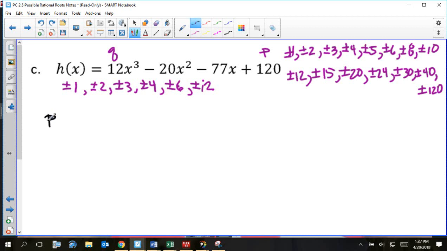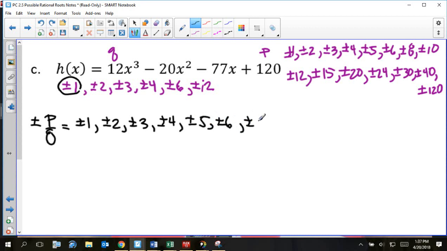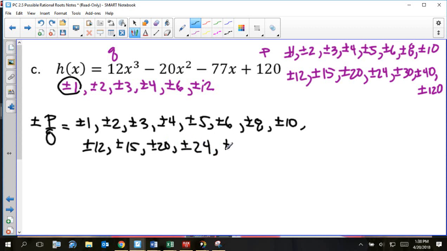We're going to do our plus minus P over Q. I'm just going to do all the P's over the first Q, so all of the P's over 1.